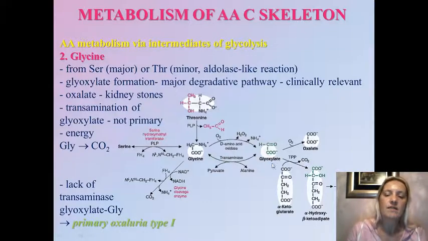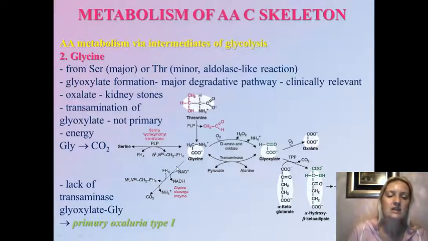There is a reversible reaction where glyoxylate can be converted back to glycine by a transaminase reaction, but this is not considered to be the pathway for the biosynthesis of new glycine. Glycine can be further degraded to carbon dioxide directly by the glycine cleavage enzyme.